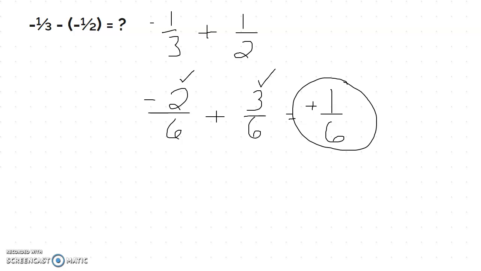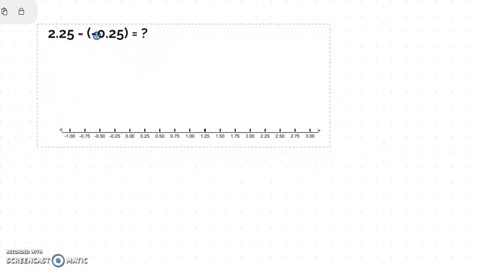All right, let's look at some decimals and then we'll talk about them on a number line as well. Look at what I have here. 2.25 minus a negative 0.25. In order to apply the number line, what I first need to do is put 2.25, I'll mark 2.25 right here.